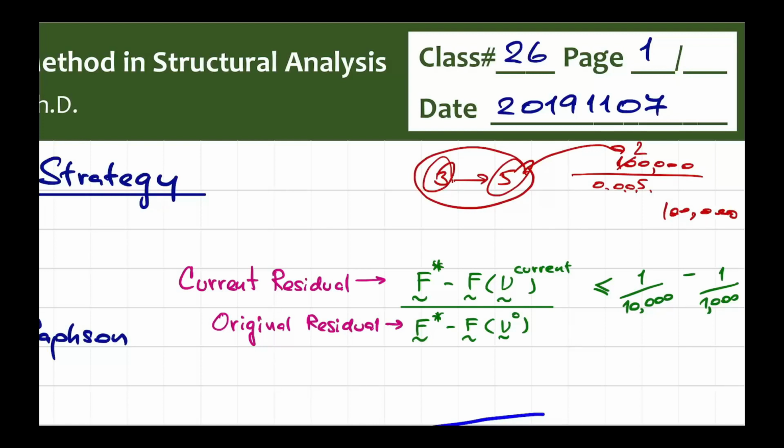Your building is 40-story, which includes thousands of degrees of freedom, that means thousands of equations. Each equation is associated with a DOF. You have that many thousand DOF, that many thousand equations.